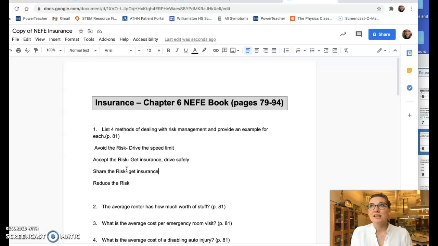Same thing if I get sick and have to go to the hospital. If I don't have insurance, that's going to be catastrophic for me. So sharing the risk means that all of us have a certain amount of risk of getting in a car accident or going to the hospital or things like that. If we buy insurance, there is a collective amount of money sitting there ready to be accessed if we need it. I might not need it this year, but I might need it next year.